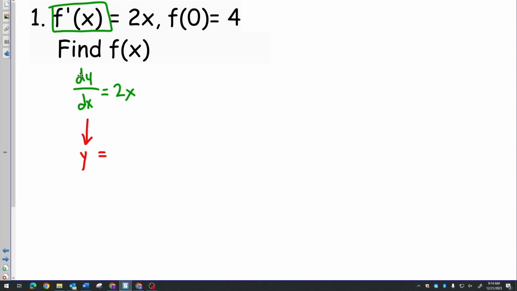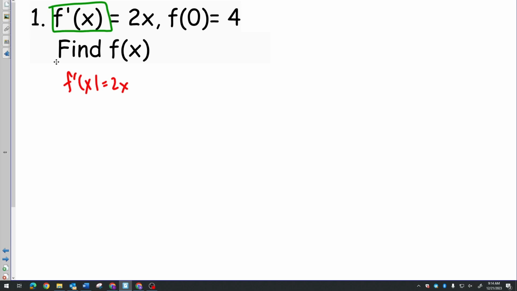And so how do you move from a derivative to a y? What operation is that? If I have f, then f prime, I'm taking the derivative. But how do I move backwards? That operation is an integral. So I'm going to integrate both sides. I have f prime of x is equal to 2x.